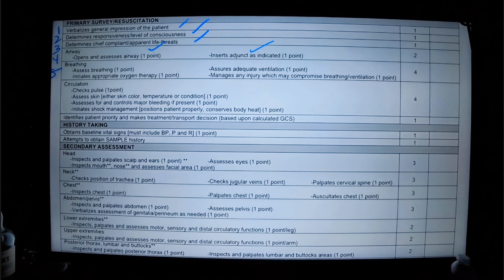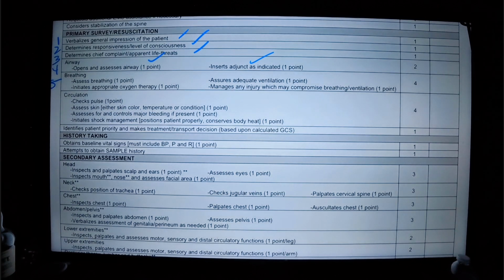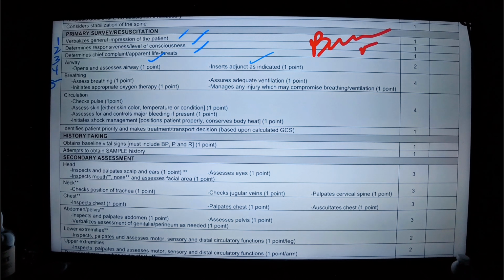Is there a knife? Is there a bullet hole? This is where you do a quick scan. What does that mean? Life threats, general impression. This is why we do this, because all this will back this up. You're buying time for the patient, and you're shaving time because you're not wasting time.